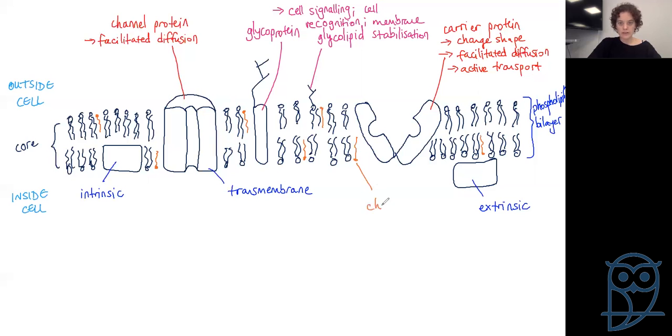So here is our cholesterol. When we talked about saturation of fatty acids, and we talked about kinks in the tail, and we said if we have a fully saturated fatty acid, then we have nice neat zigzags and they can pack closely together. If we put double bonds in, we get kinks in that tail. They don't pack so nicely together. We increase fluidity. Now link that to your cell membrane.